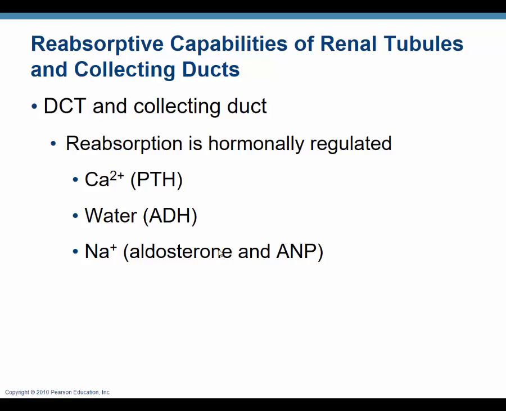Okay, so back to this. The distal convoluted tubule and the collecting duct are hormonally controlled. Which one of those acts, aldosterone or ANP, again, to fix a falling blood pressure? Aldosterone. ANP is the only one that we've talked about so far that fixes a high blood pressure, right?